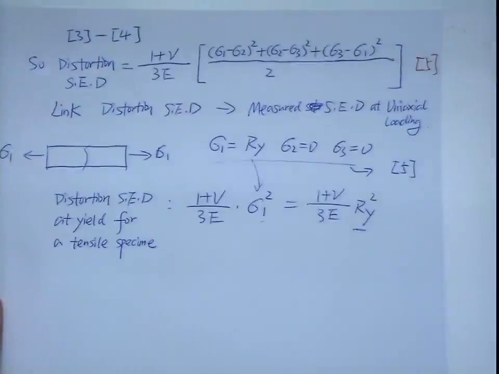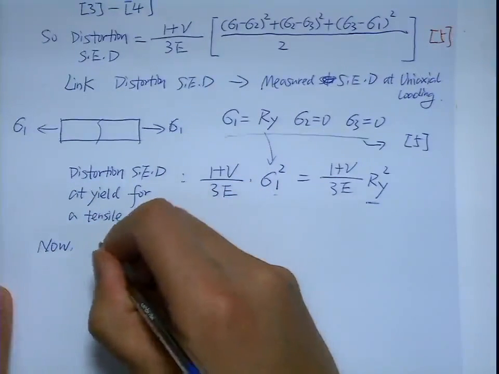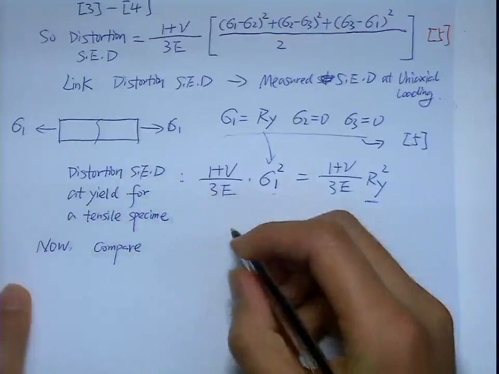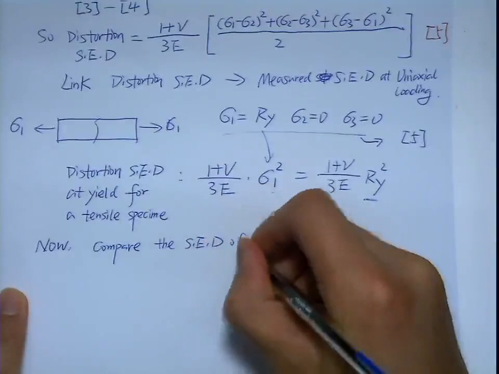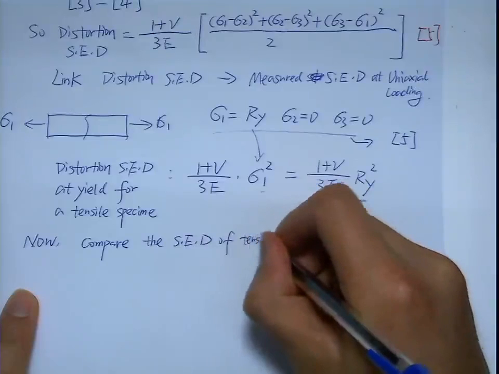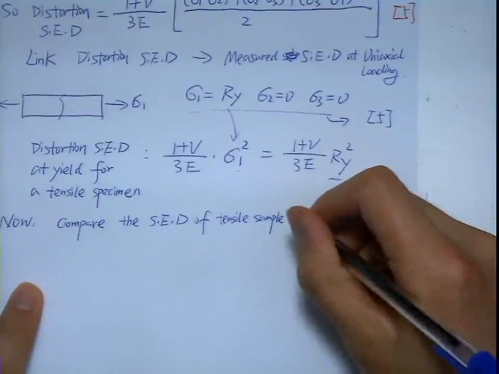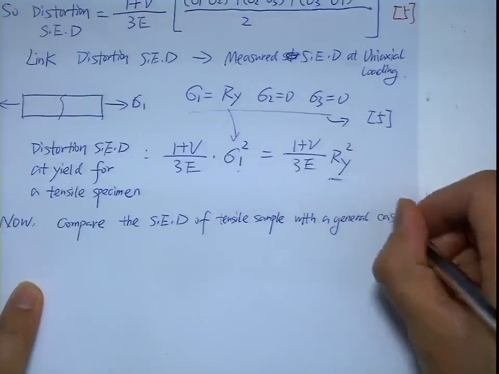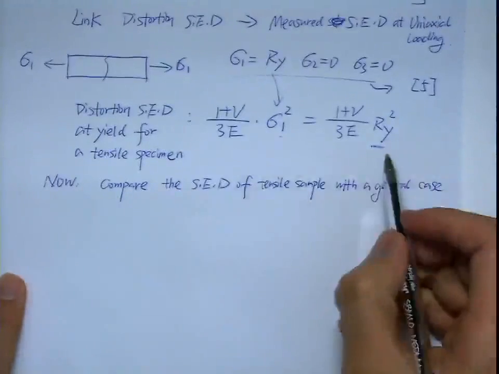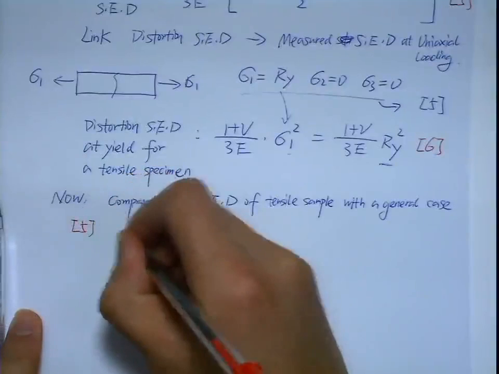So now we can finally compare the strain energy density of this tensile sample with a general case. Right? Now you actually have equation 6. Now compare 5 versus 6.